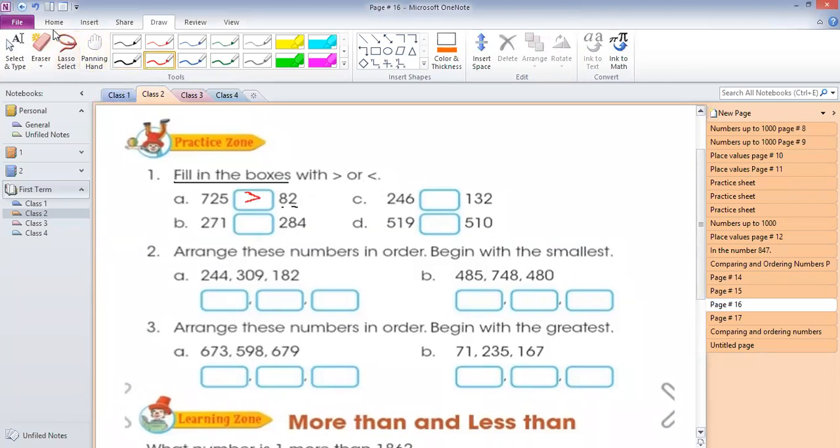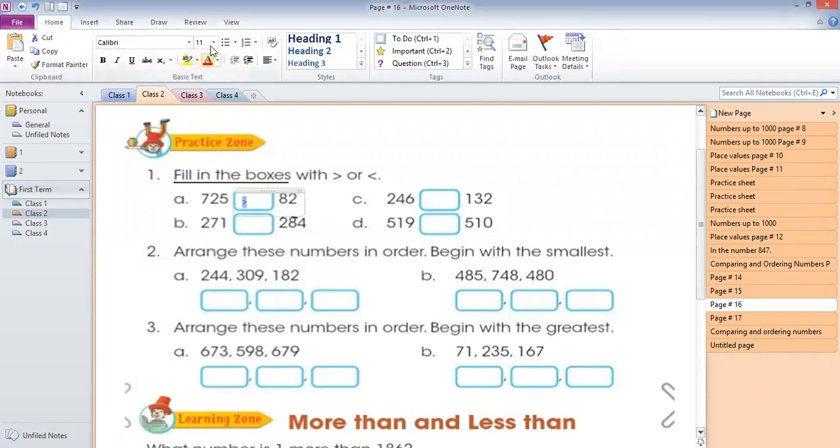So this is the sign. Or I can write it like this. 725 is greater than 82. Now come to B, guys.